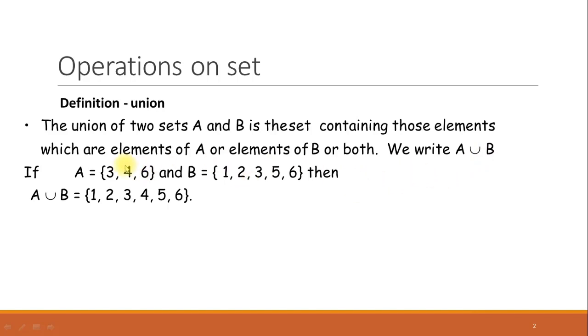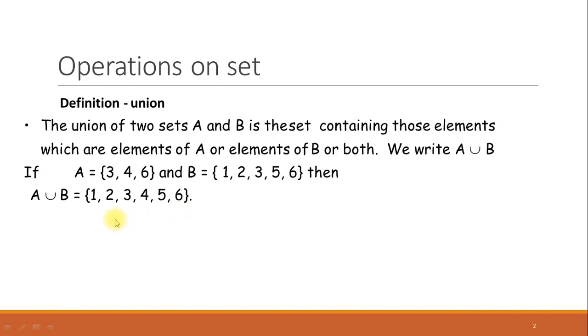For example, A is a set containing the elements 3, 4 and 6. B is another set containing the elements 1, 2, 3, 5 and 6.